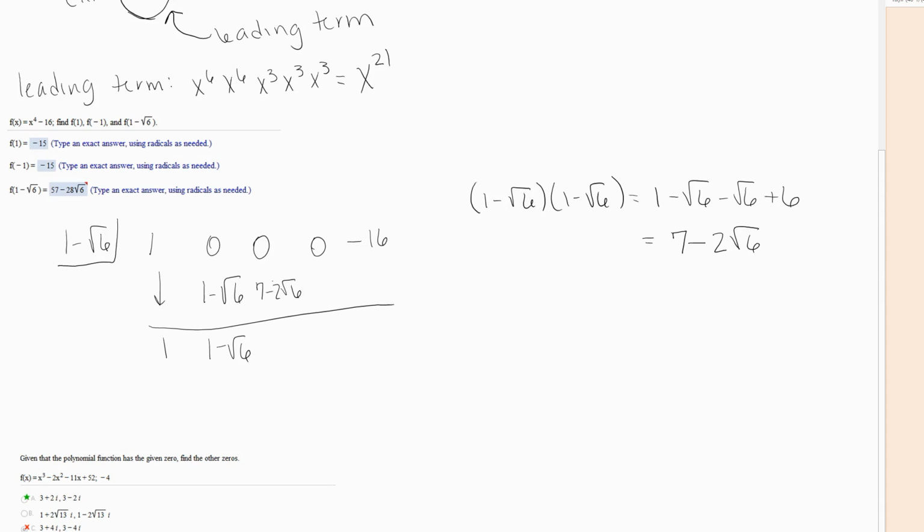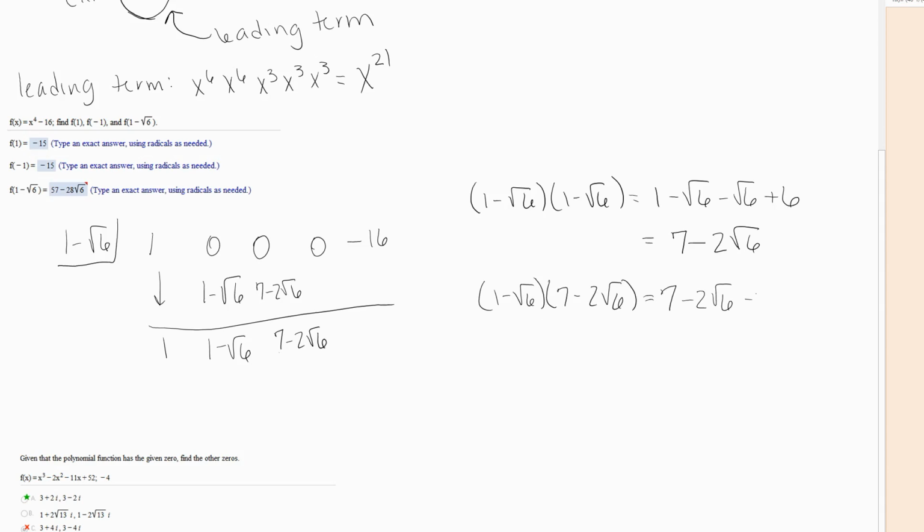Now, again, adding 0 to that isn't going to do anything, so we'll have 7 minus 2 square root of 6. We're going to multiply that by 1 minus the square root of 6. Again, we'll do this off to the side. So it's foiling again, so our first terms will give us 7. The outside terms will give us minus 2 square root of 6.